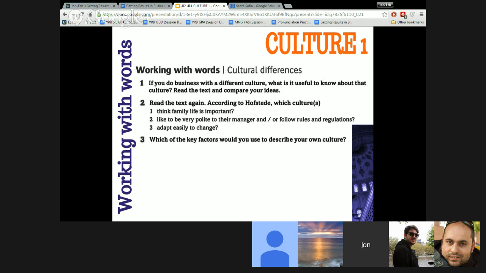Number 2. According to Hofstede, which cultures like to be very polite to their managers, follow rules and regulations? What do you think? Fabio, you got this one? I think the last one, Greece and Portugal.